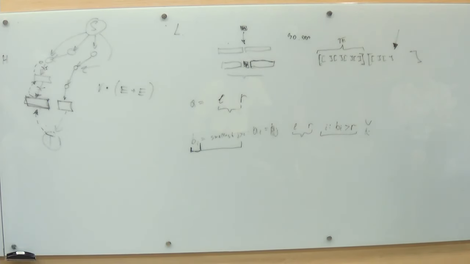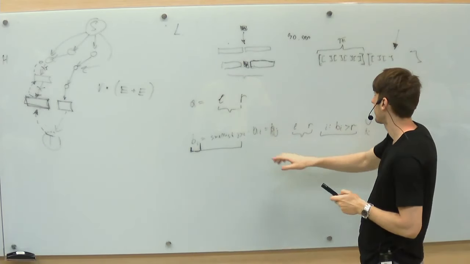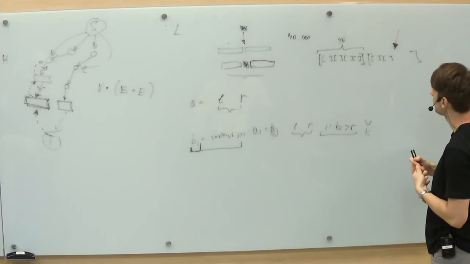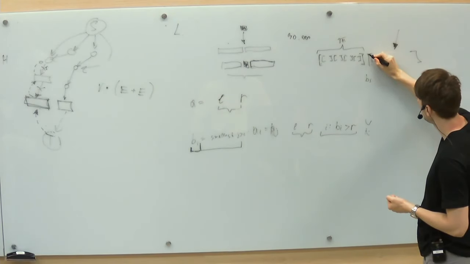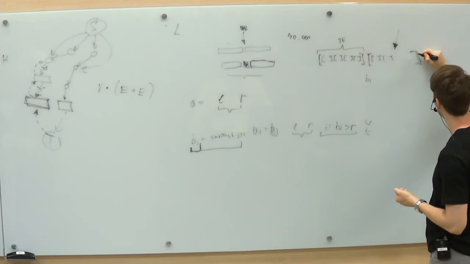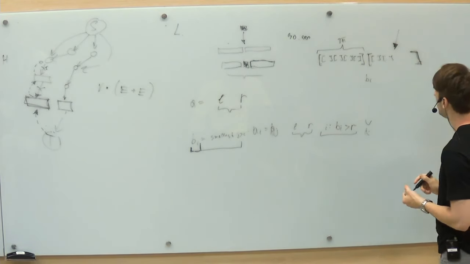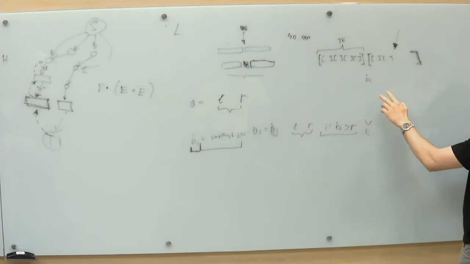But here we will have some additional data to keep to have the ability to answer our queries: for our values b_i, for each block, we'll try to store them in sorted order.